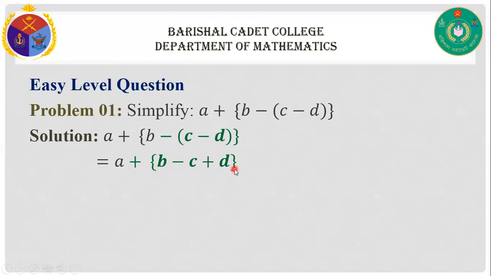And now we have to remove second bracket, and before second bracket we have positive sign, so inside the sign will be same. So A plus B minus C plus D, sign is same. So the final simplification result is a plus b minus c plus d.